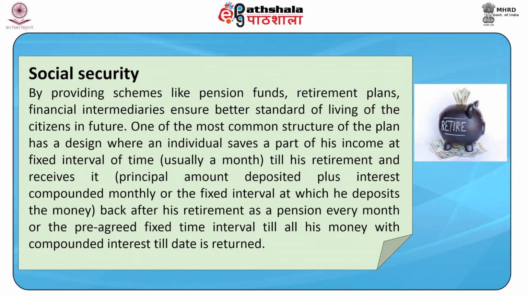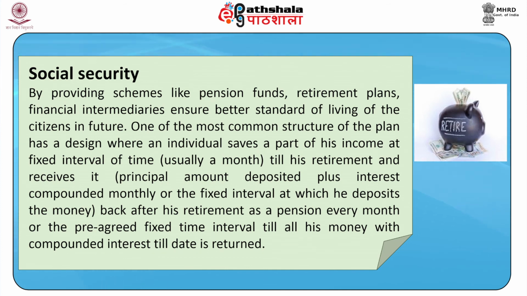One of the most common structures of the plan has a design where an individual saves a part of his income at a fixed interval of time, usually a month, till his retirement.